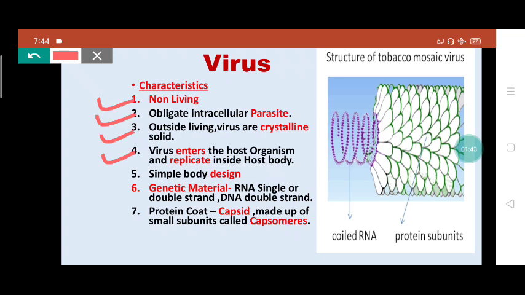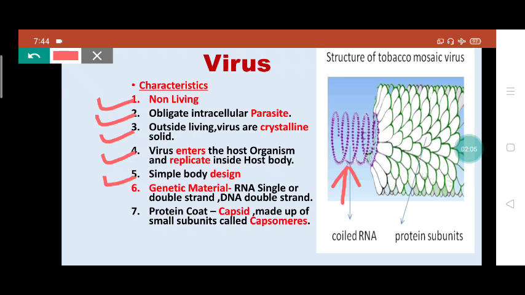I already explained that the virus enters the host organism and replicates inside the host body. Viruses have a very simple body design, even simpler than bacteria. The eukaryotic cell we discussed before has a nucleus and different cell organelles, but in the case of a virus, it is a very simple design only.